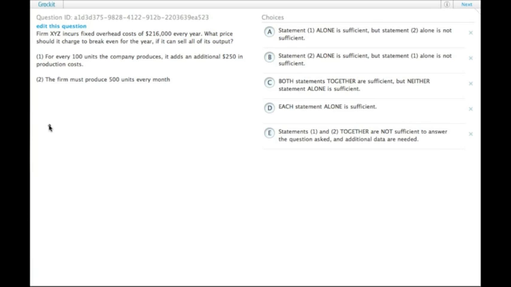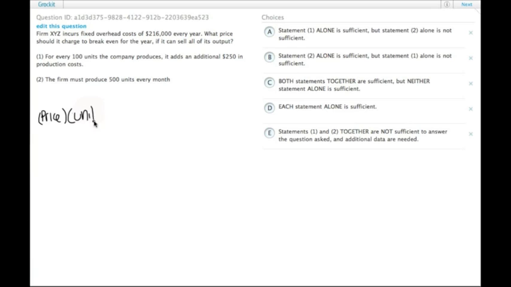Statement 1 tells us that for every 100 units that the company produces, it adds an additional 250 in production costs. So, price times the number of units. I'm just going to abbreviate it as units.